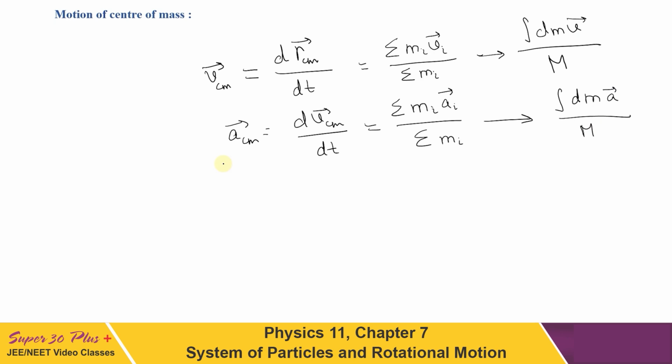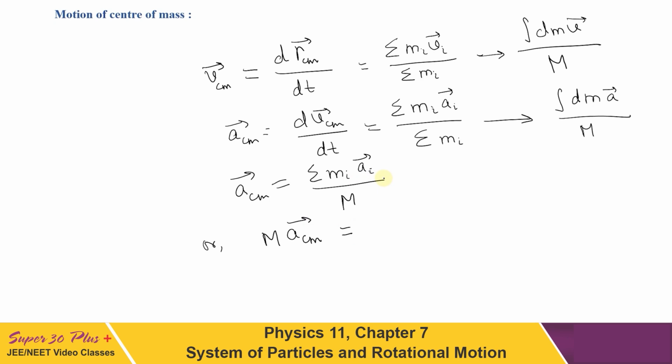Now let us see one thing. ACM can be written as summation of MIAI, and upon M. So from here, if we take M on the other side, it can be written as MACM equal to summation of MIAI.